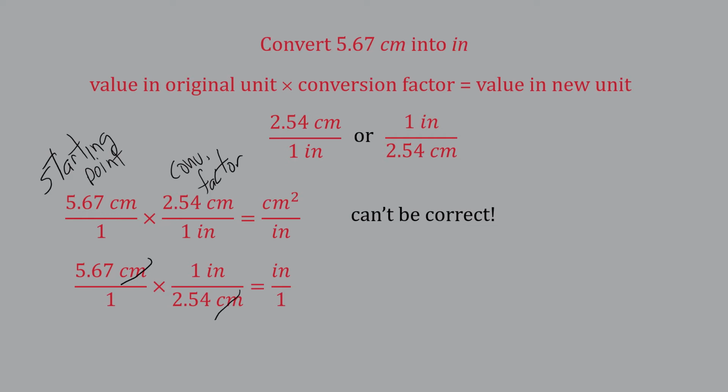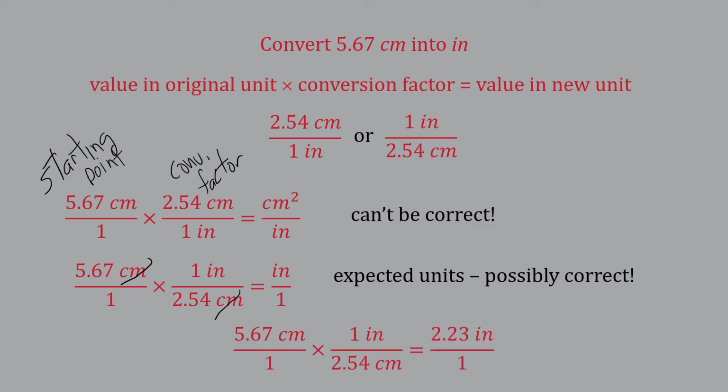And then once you do that, you can just go ahead and crunch the numbers. So we've got 5.67 centimeters times 1 inch over 2.54 centimeters, and that's going to give us 2.13 inches. Now, what are these ones here? I find that when you're starting out with this, it's best to always write things explicitly as a fraction.